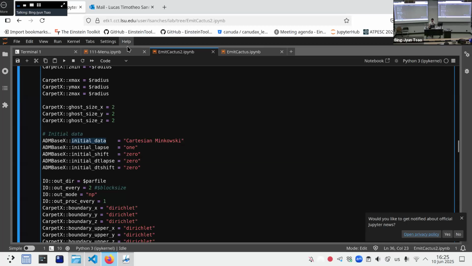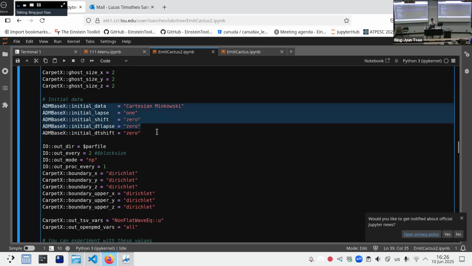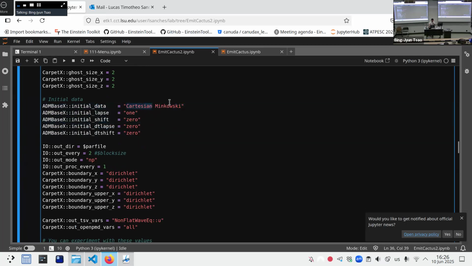So you can see, for instance, in our EmitCactus Cottonmouth BSSN set of notebooks, we have a Kerr-Schild ADMBaseX initial data writer, right? But what we're doing here with this file is we're just bringing in the standard Cartesian-Minkowski initial data metric.